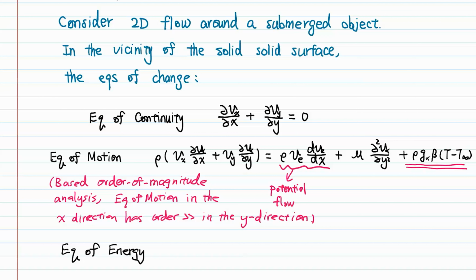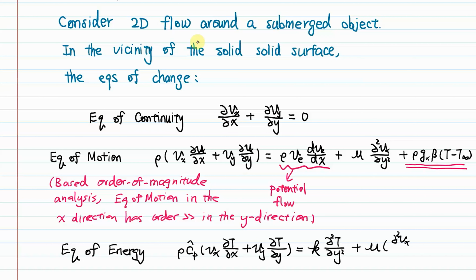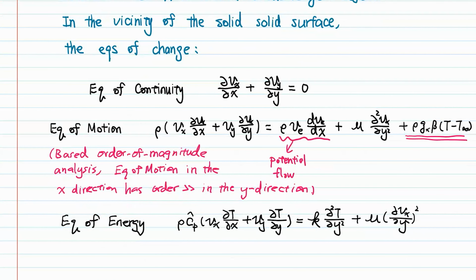We have rho Cp times Vx partial T partial x plus Vy partial T partial y equals the thermal conductivity times partial square T partial y square plus mu times partial Vx square partial y square. So this would be our equation of energy.